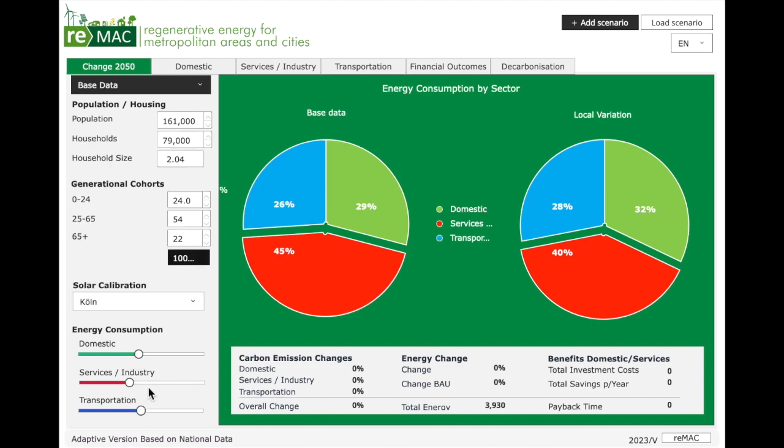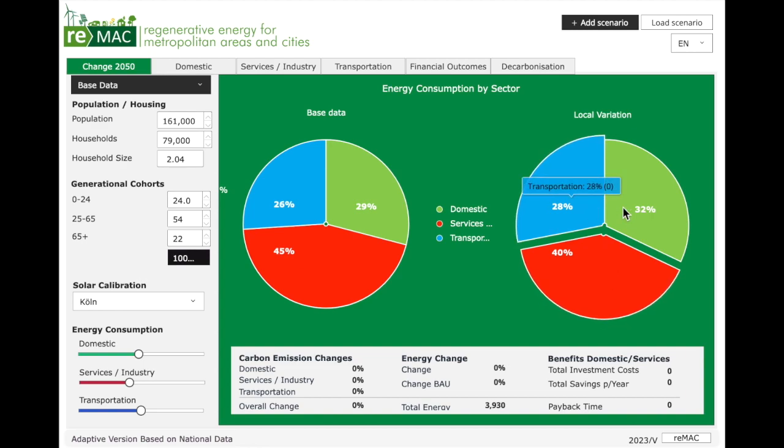The energy consumption sectors are distributed differently in Musterstadt than in the national average. There's less energy consumption in the services industry sector, but the share of transportation and domestic is higher. Such differences influence the results of the workshop.